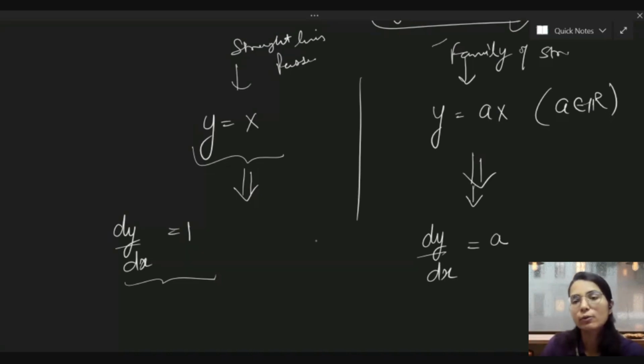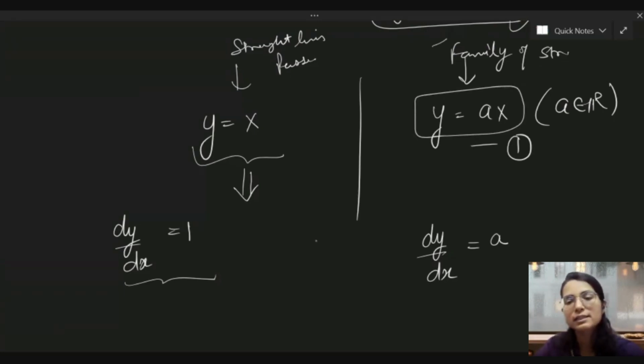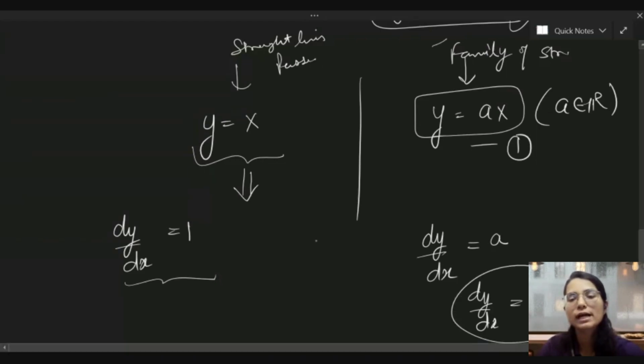Now, while making the differential equation, you need to remove this arbitrary constant. So how will you remove it? From equation 1, you need to find the value of a and then substitute it here. So I will get dy by dx is equal to y over x. When you do that, you get the right differential equation.